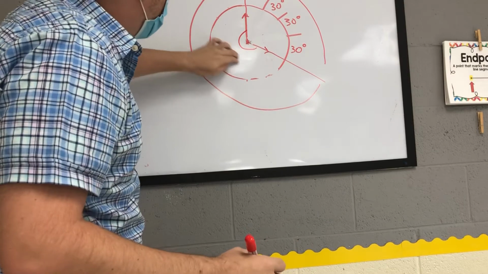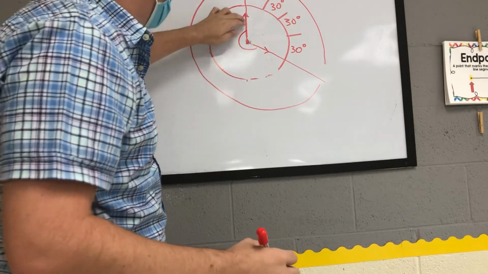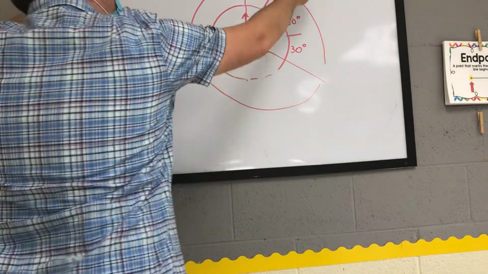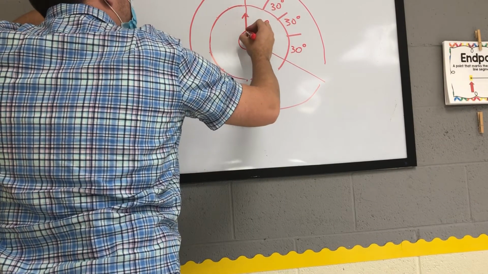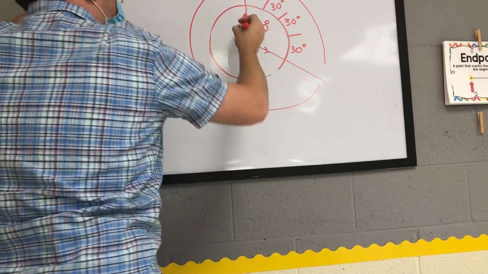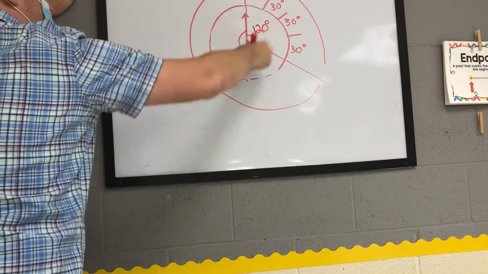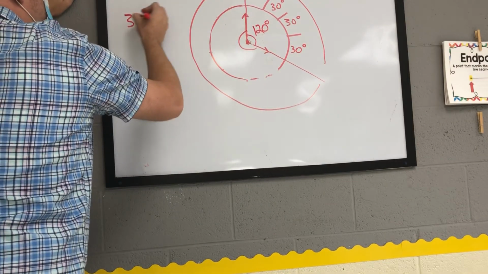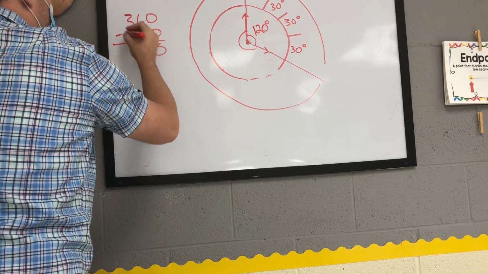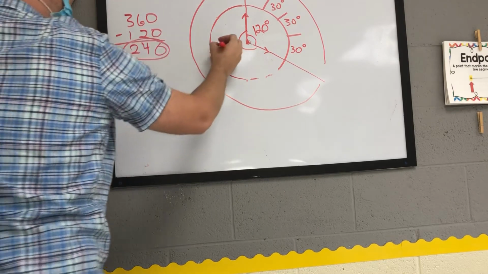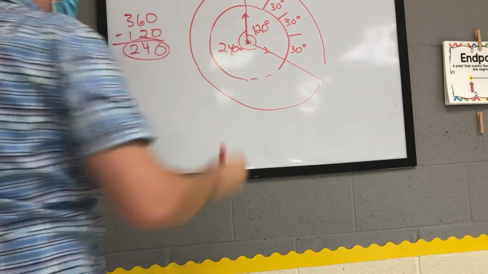From here to here, how many degrees is it? Okay, well, you know that's 120 right here. This is 120 degrees. This angle is the smaller angle. And you know there's 360 degrees in the whole thing. So 360 minus 120 equals 240. So this is 240 degrees.